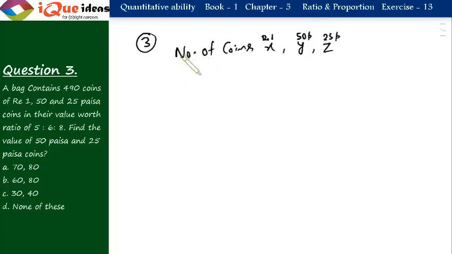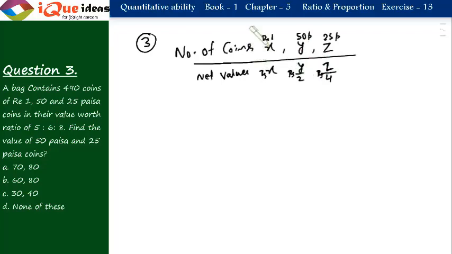So their net worth will become, by multiplying 1 rupee into x coins, x rupees. 50 paisa into y, so 50 paisa is half a rupee, so it is y by 2 rupees. And 25 paisa into z, 25 paisa is 1/4, so it is z by 4 rupees.